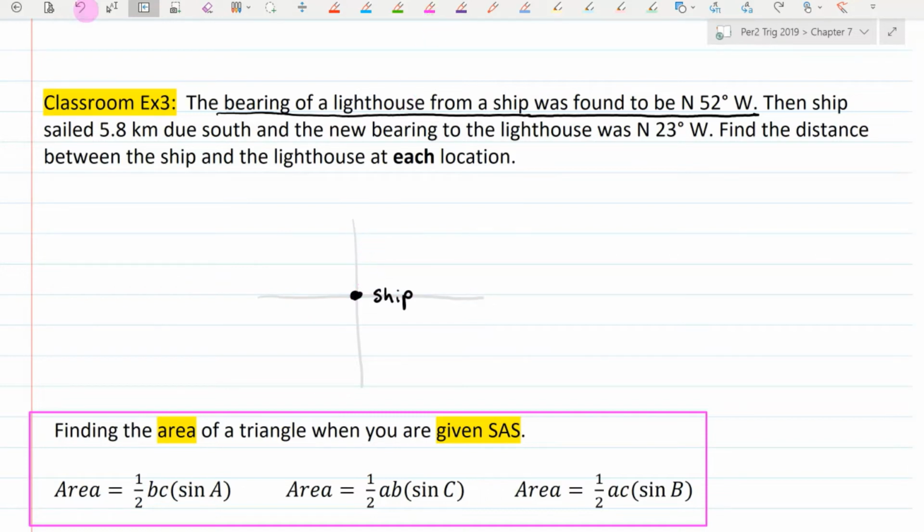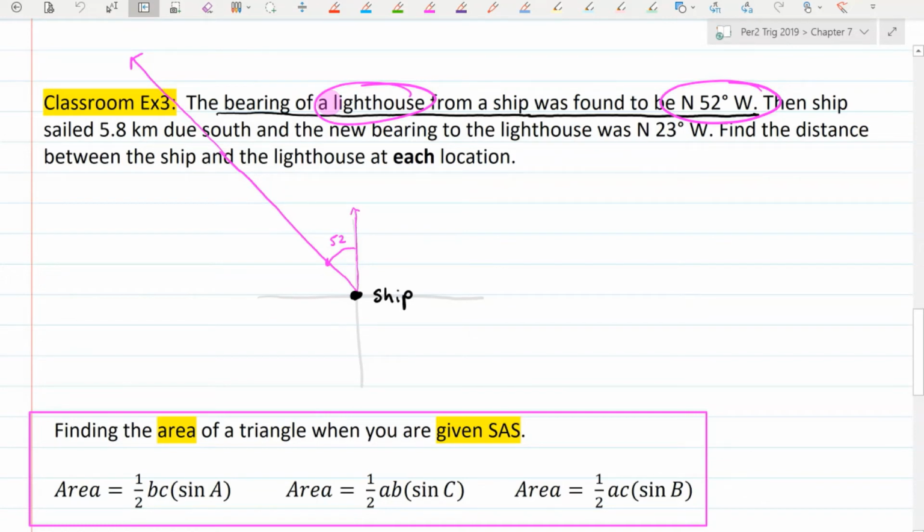North 52 west. So north, and then 52, which is about halfway. So I'm going to put a 52 here, west. And I'm just going to draw it freehand. And I'm just going to extend this out. The lighthouse is somewhere on that line, okay, from the ship.